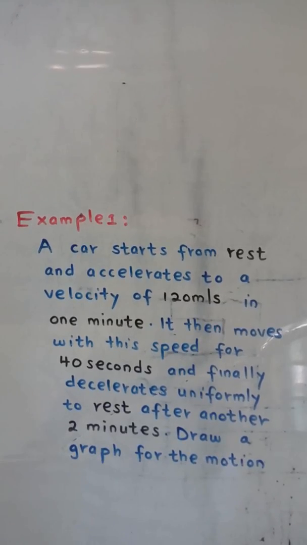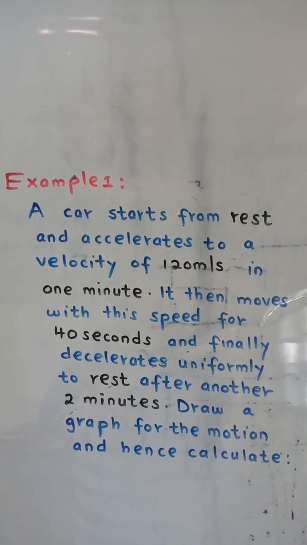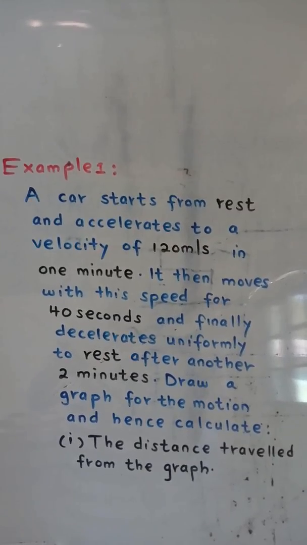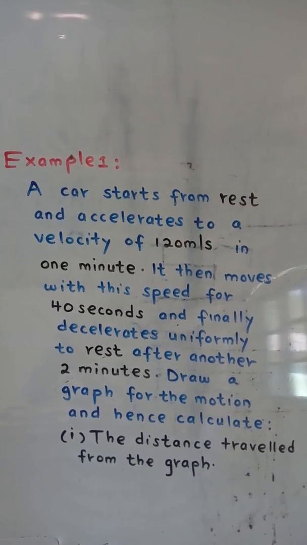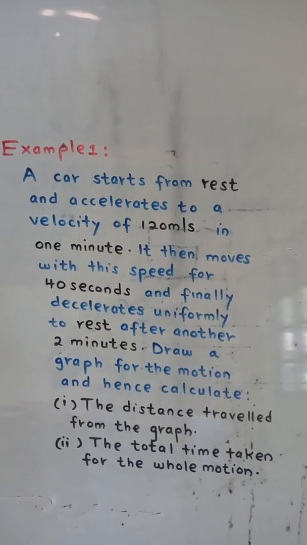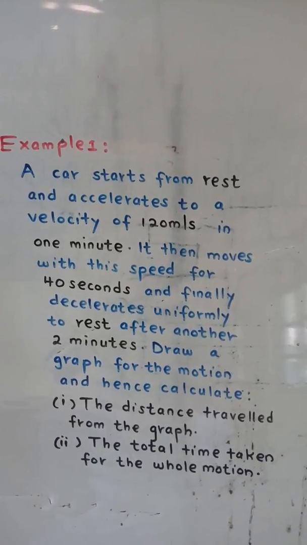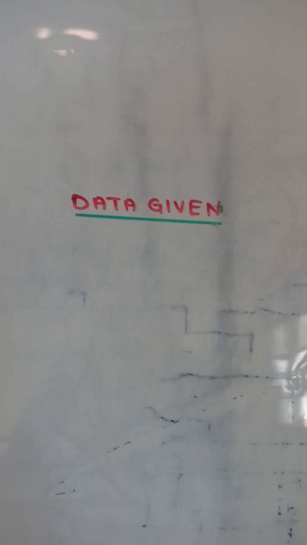Draw a graph for the motion and hence calculate: Roman 1, the distance traveled from the graph. Roman 2, the total time taken for the whole motion.